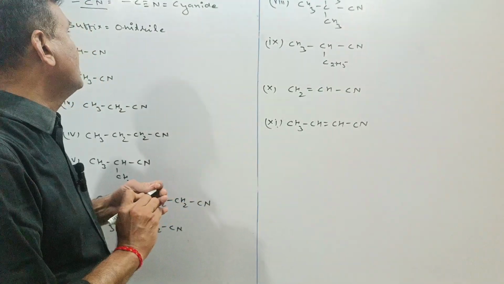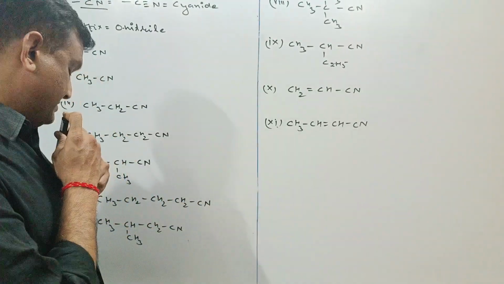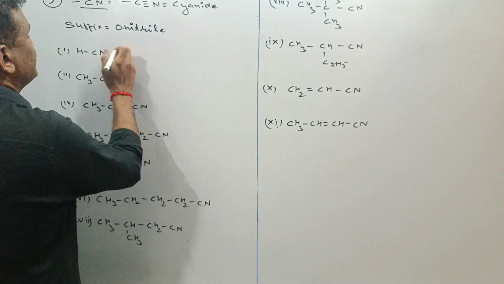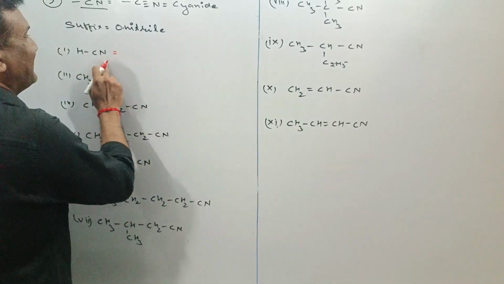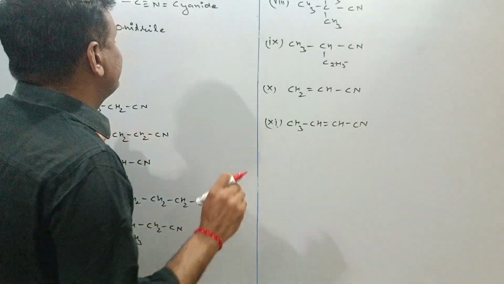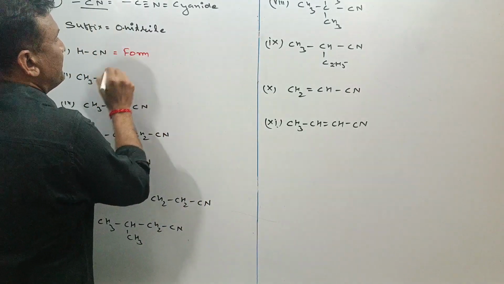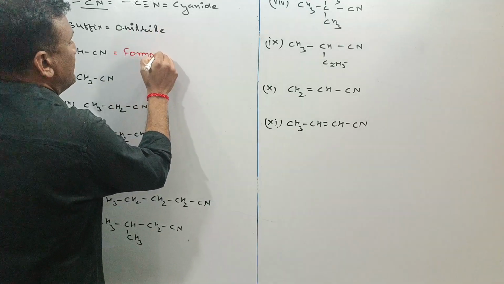These are just the compounds for the functional group cyanide. Now we'll go with the nomenclature. This has one carbon, that's why we'll call it form plus O nitrile, so it will be formonitrile.